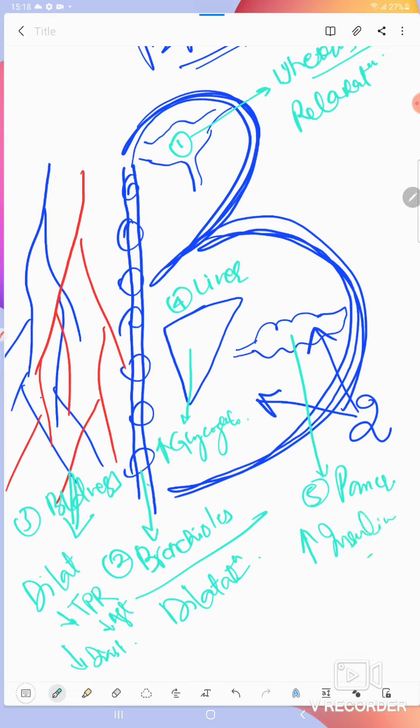If you remember the alpha 2 receptors, they were also there in the pancreas, but the function was different: it decreases the insulin release. Here the beta 2 receptor leads to an increase in the insulin release. So this in a nutshell summarizes the different places where you have the beta 2 receptors.